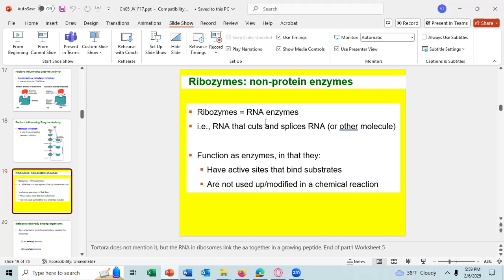What is removing the amino acid from the tRNA and then binding the starting protein, which in this case is just one amino acid, to the second amino acid, but it could also be the short amino acid. It's removed from the tRNA and then bound to the new amino acid that's just been brought in. That chemical reaction occurs from an RNA enzyme. It is the only RNA enzyme we'll ever discuss in this class.